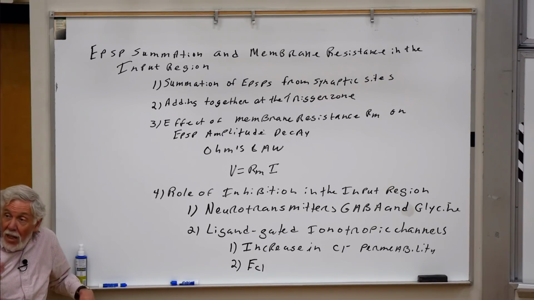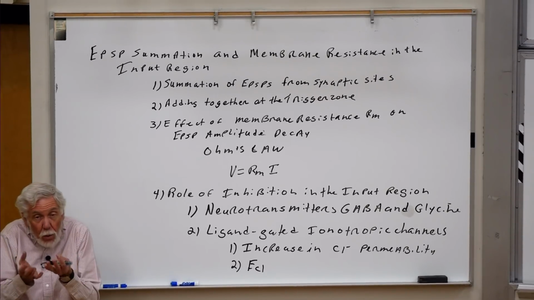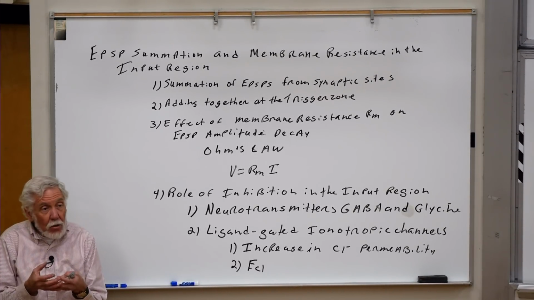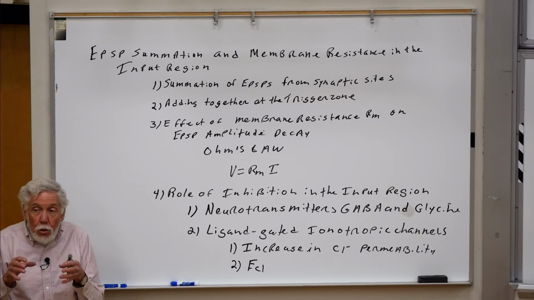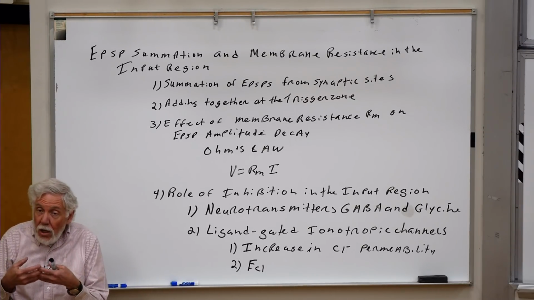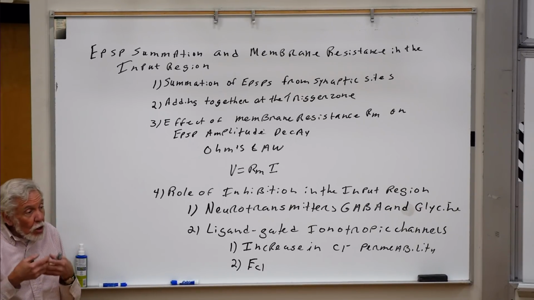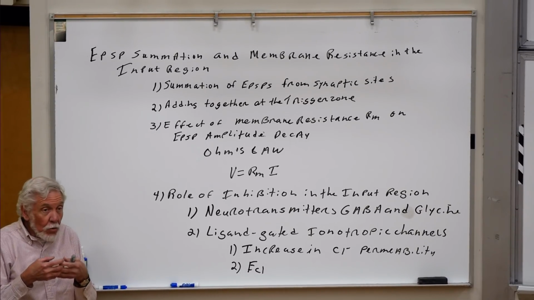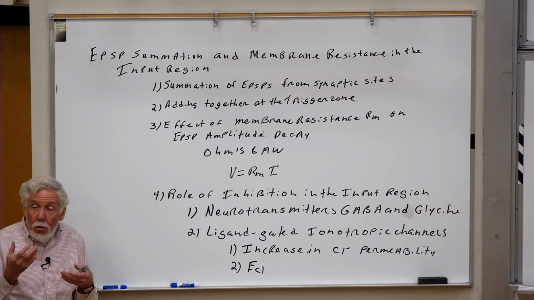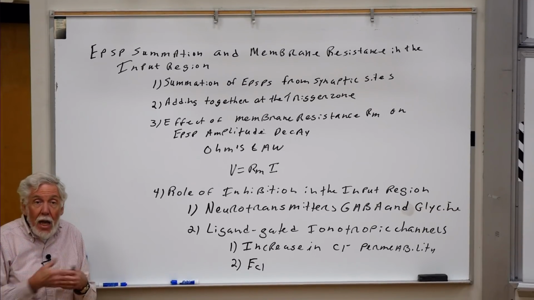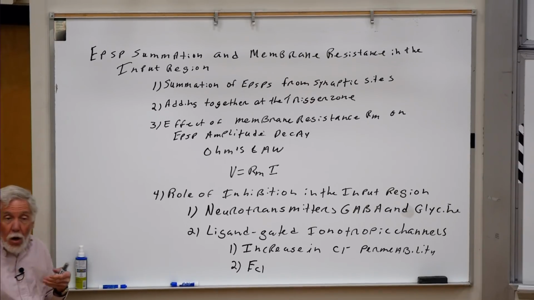Now remember that the function of the trigger zone is that it's the site where we have clustered together those voltage-gated channels, and its purpose is to sense the amount of positive charge on the cytoplasmic side of the membrane. If there's adequate positive charge on the cytoplasmic side of the membrane at the trigger zone, then the voltage-gated sodium channels will begin to fire and propagate action potentials along the conductor region.